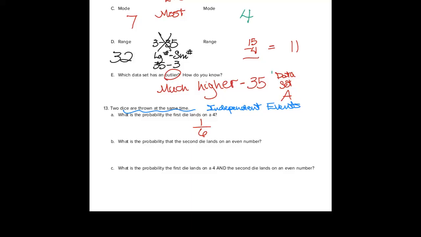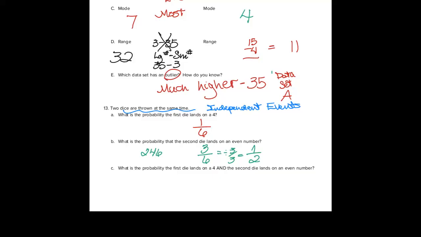What's the probability the second die lands on an even number? You still have 6 total. How many even numbers are there on a die? Well, that would be 2, 4, and 6. That is 3 out of 6, which you could simplify to 1/2.